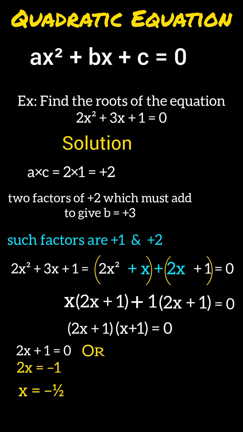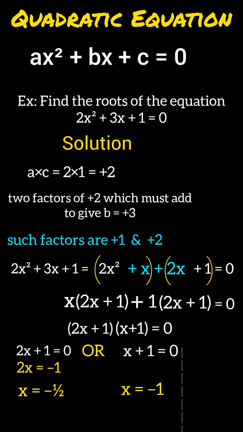Next, we pick the second bracket, x plus 1 equal to 0. And then again solve for x. Collect like terms. Therefore, x will be equal to 0 minus 1. And the value of x will be equal to minus 1. In conclusion, the root of this quadratic equation, which is also called the zeros of the quadratic equation.